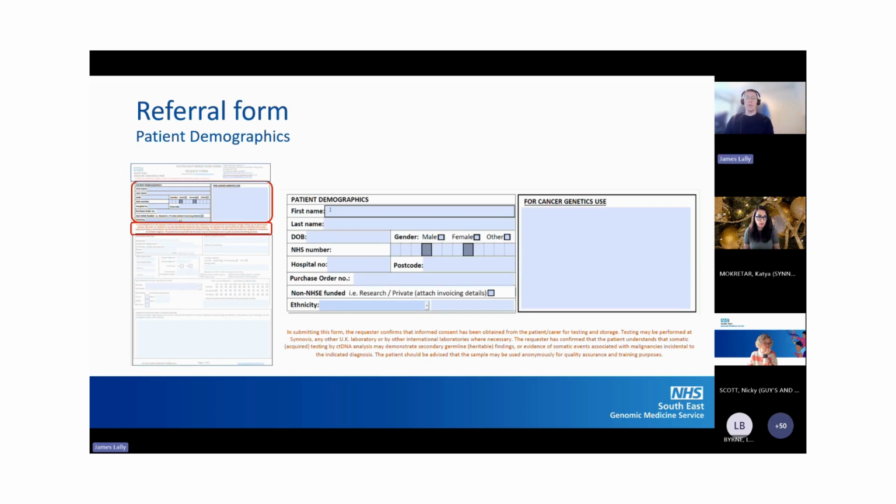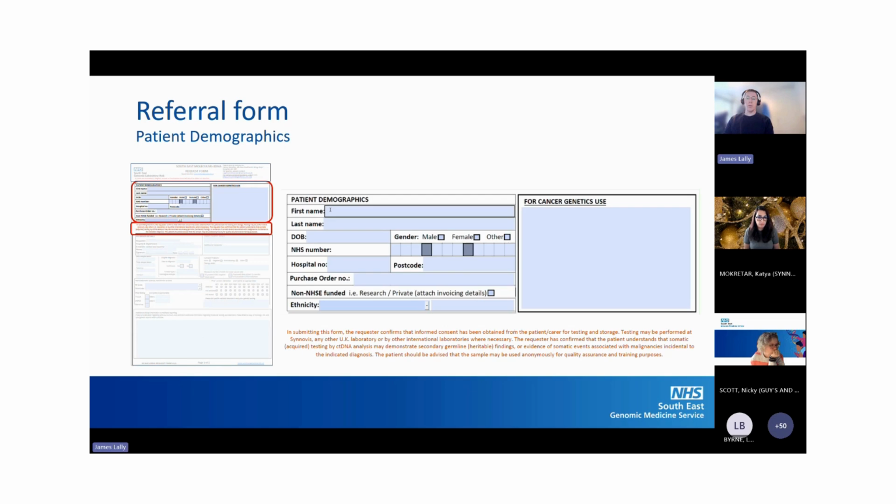So next, I will briefly go through the layout of the referral form and the sections that need completing for testing. The first section of the referral form to be completed will be the patient details, and minimum details to be included should include patient name, first and surname, patient date of birth, hospital number, and NHS number.